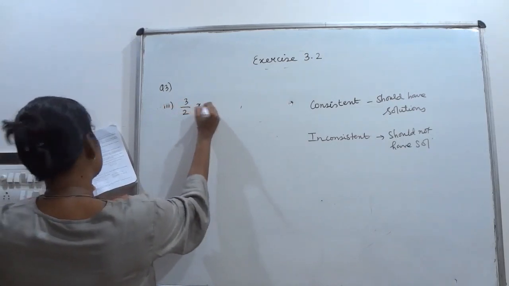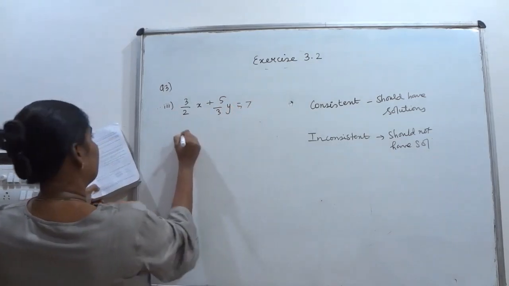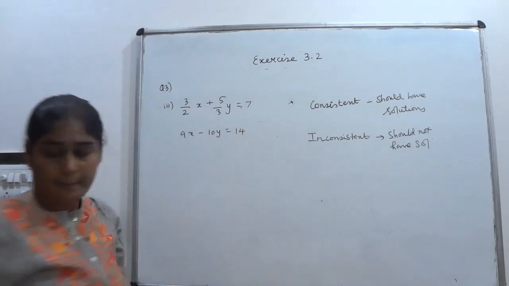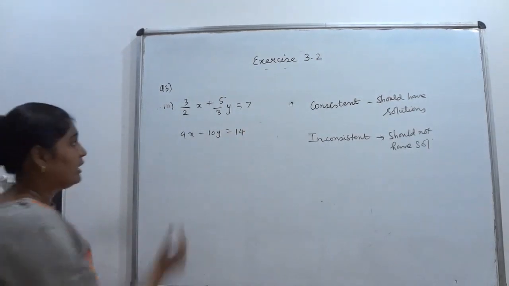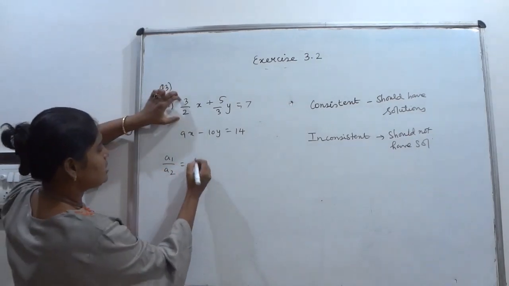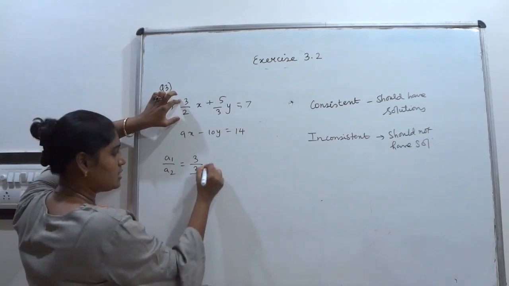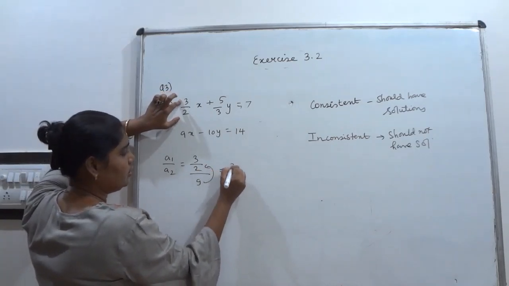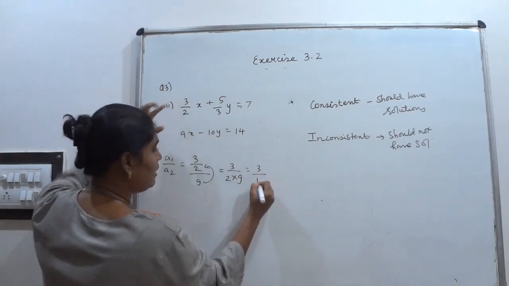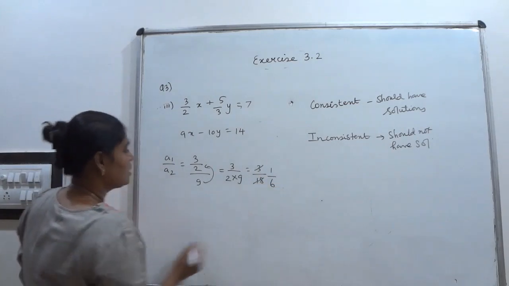3 by 2 x plus 5 by 3 y equal to 7, and 9x minus 10y equal to 14. Find out what is A1 by A2. See, coefficient of x is 3 by 2 upon 9. So when it goes upside, we can tell that 3 by 2 into 9, that is 3 by 18, that means 1 by 6.